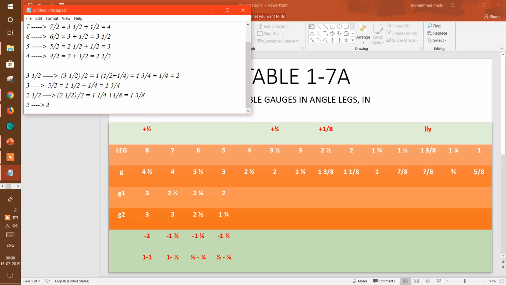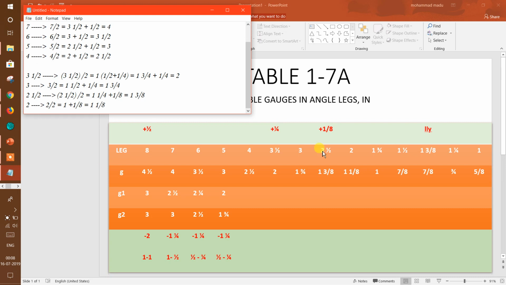This is 2 by 2. 2 by 2 means is 1 only now. 1. And with this one, we're going to add 1 by 8. Don't forget this one, okay? 1, 1 by 8. And you can see this value.